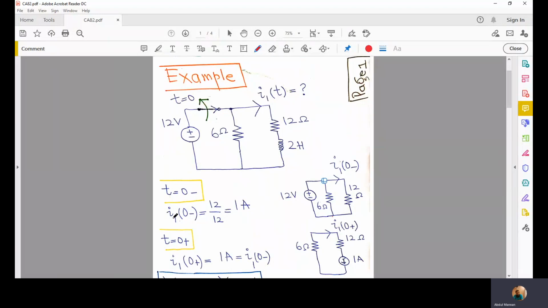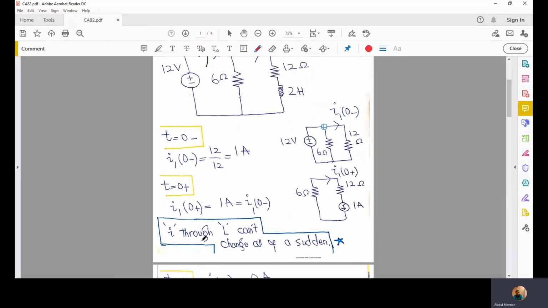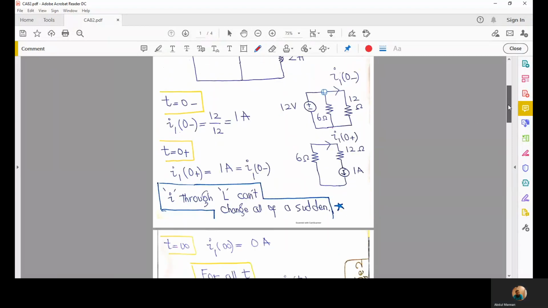At time t equals 0 plus, it cannot change because current through an inductor cannot change all of a sudden. Therefore, I1 at 0 plus is the same as I1 at 0 minus, 1 ampere, because this charged inductor starts acting like a current source, but not forever, only for a limited period of time that we'll see shortly, causing a current flow through it equal to the current at which it was energized or charged.